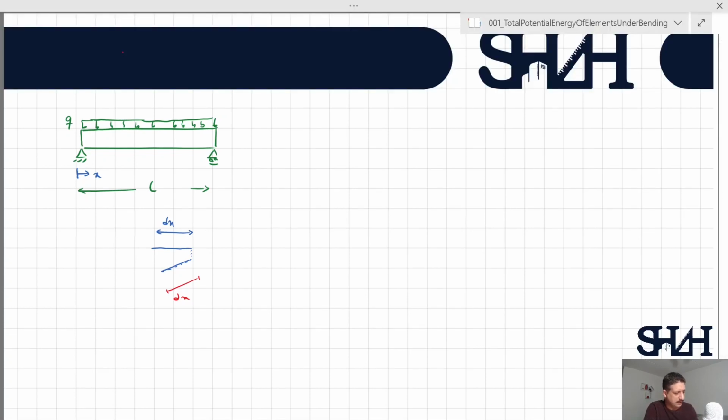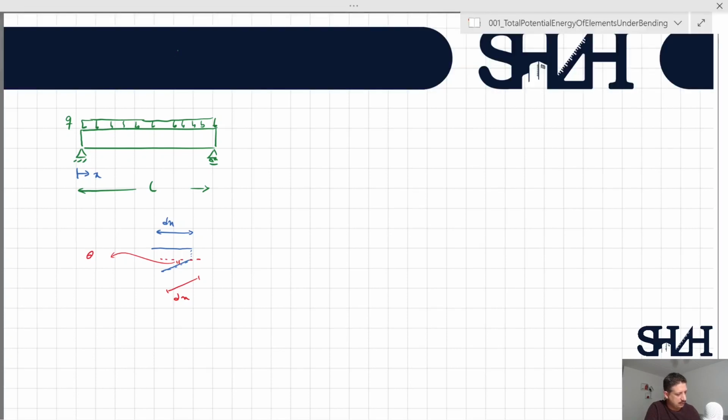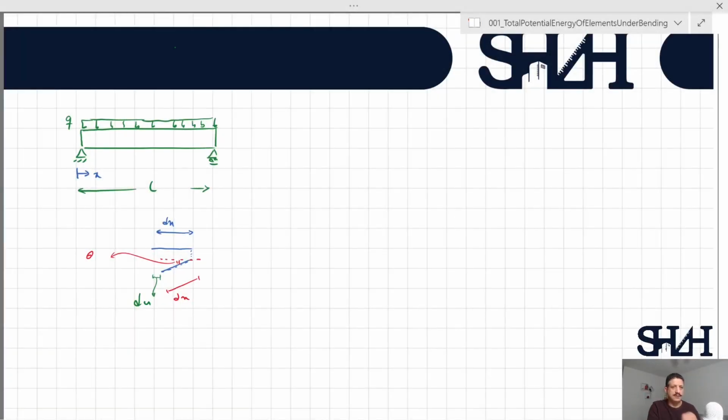And the rotational angle, let's assume, is theta. So what is the shortening length of the element? du. Du is the shortening of the element.